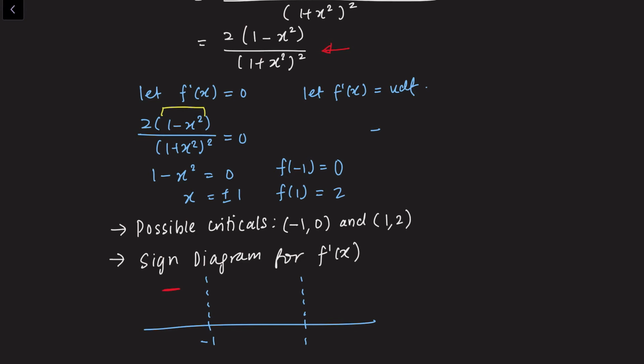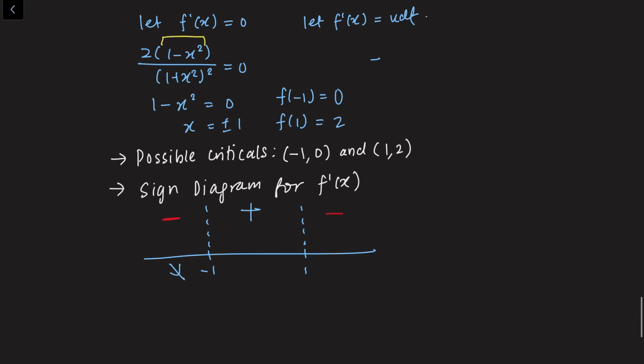Then in between -1 and 1, I will just take 0. Just take 0. It is positive. Then I will just take a 2. 1 minus 4, I think it's a negative. Yep, it's a negative. So it is decreasing, increasing, then decreasing.